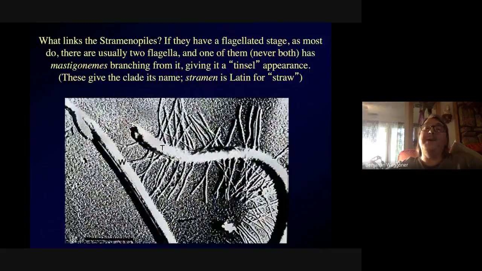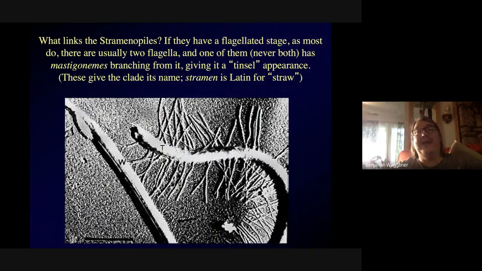Most Stramenopiles have a flagellated stage, and if it's present, there's usually 2 flagella, and one but never both has tiny branches coming off it called mastigonemes, which means that it looks a little bit like a tiny strand of tinsel. So that's what those look like.